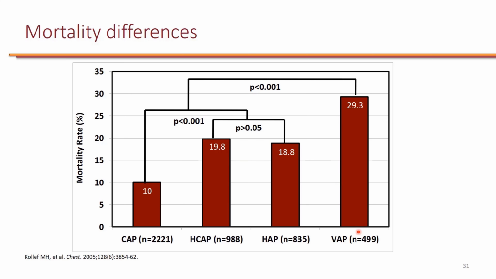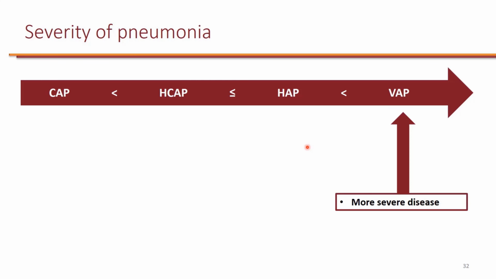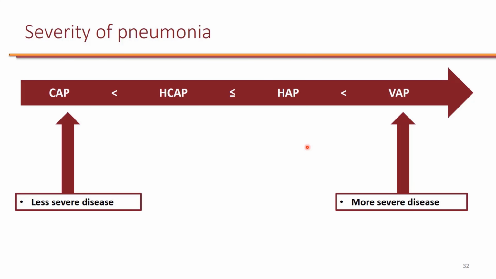Now, on the other end of the spectrum, we have ventilator-associated pneumonia, which has the highest rate of mortality compared to other types of pneumonia. So I would rank different types of pneumonia like this. Ventilator-associated pneumonia is the more severe disease, and community-acquired pneumonia is a less severe disease relative to other types of pneumonia. So if community-acquired pneumonia is a less severe disease, where exactly should patients with CAP be treated?